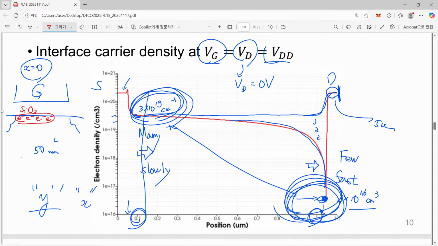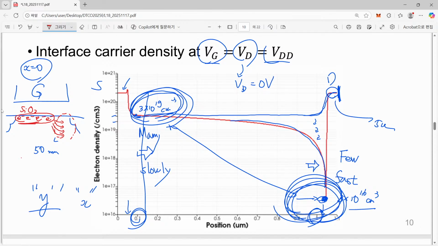So they are really just attached to this interface. However, at this point, it is no longer the case. The gate is not as attractive as at this point, so electrons are just spreading.